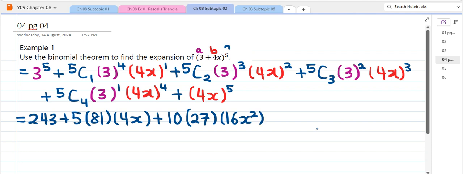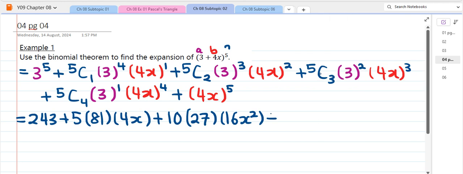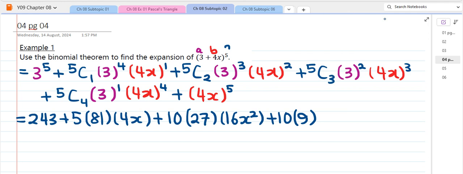Then the next term, 5C3, is a 10, so plus 10, and 3 squared is 9, and 4x cubed, let me double check, 4 to the power of 3 is 64. So this is 64x cubed.